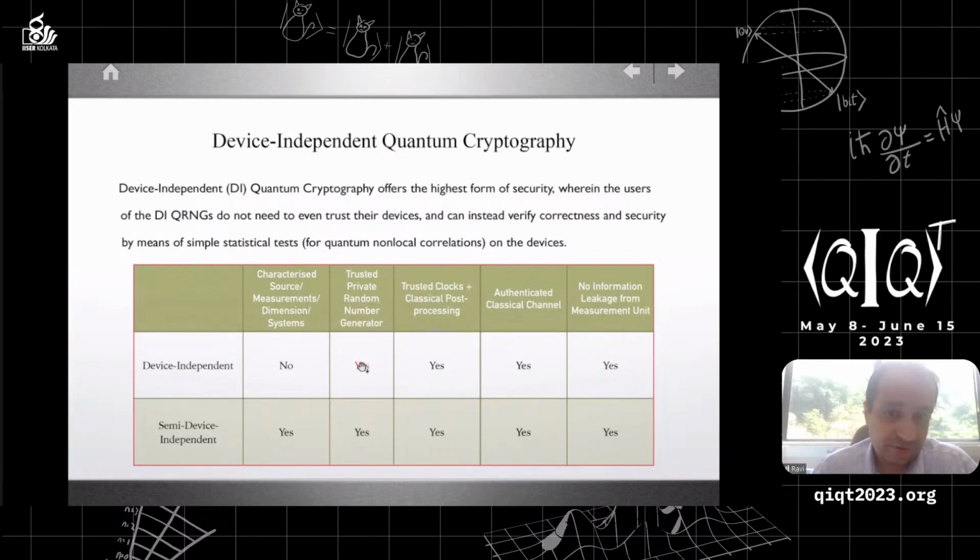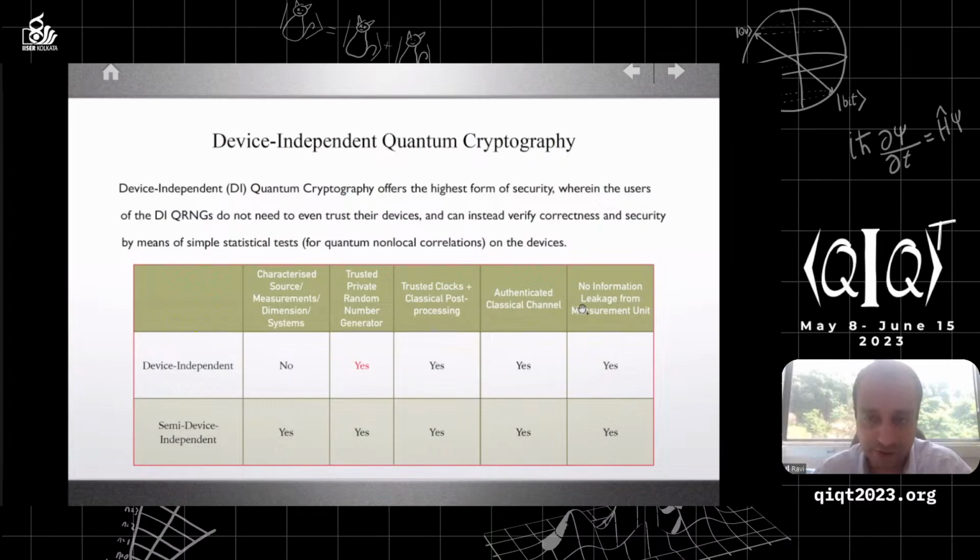We don't need to trust the random number generator. Normally in device-independent QKD, you have some trust in the random number generator. In this protocol, we will not trust any random number generator. The only thing we will trust is that there is no information leakage from the measurement unit, which means the device simply does not broadcast the output bits directly to the adversary.